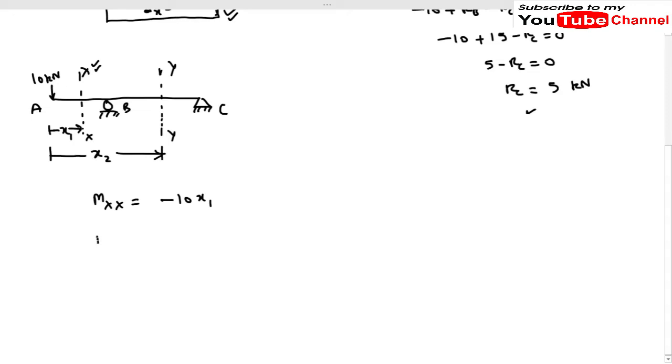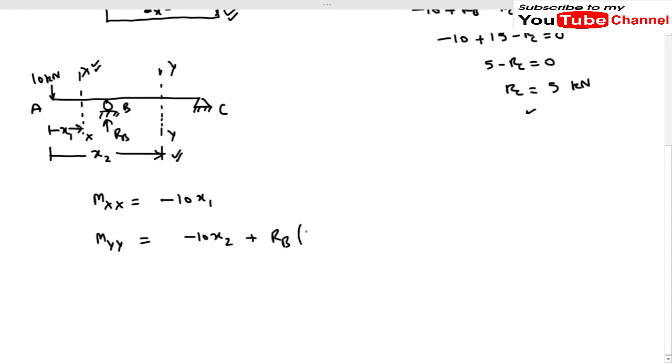Now what will be the bending moment at section yy? The bending moment will be minus 10 x2, because this 10 kilonewton force is acting at a distance x2 from section yy. Plus there will be the reaction RB. This reaction is taken as positive because it is acting upward and creating a sagging moment.